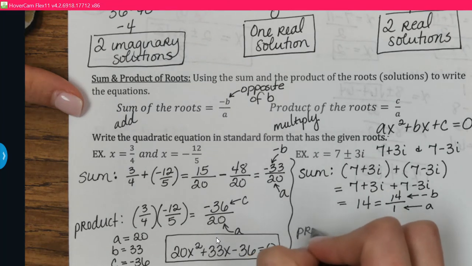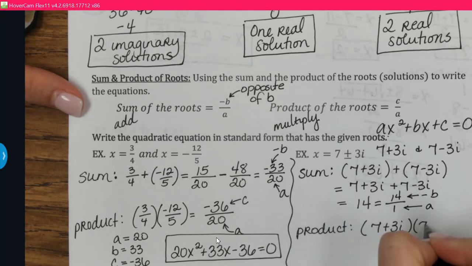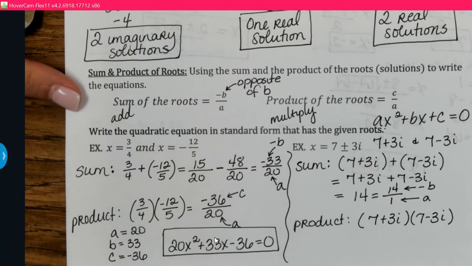So then I do my product. I'm multiplying 7 plus 3i times 7 minus 3i. What do y'all notice about that? They're conjugates. So I should be able to just use that formula, 49 minus 9i squared. What does that i squared make that negative 9? Positive 9. Which gives me 58. Again, it's a whole number.